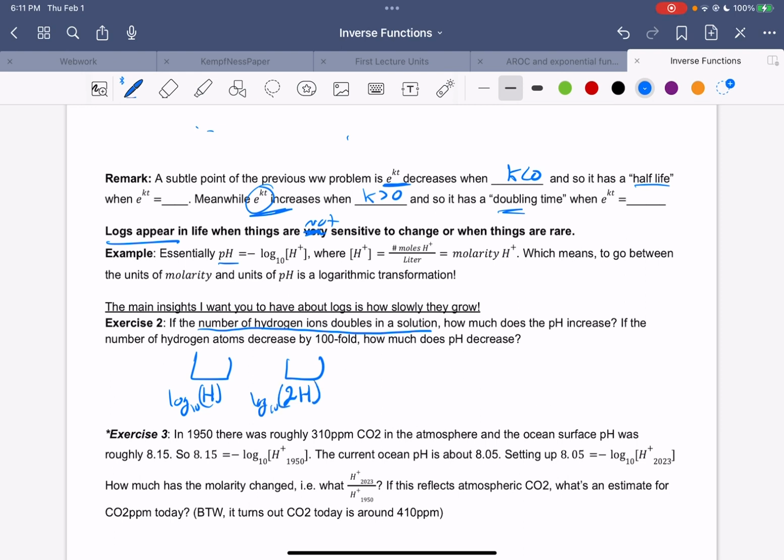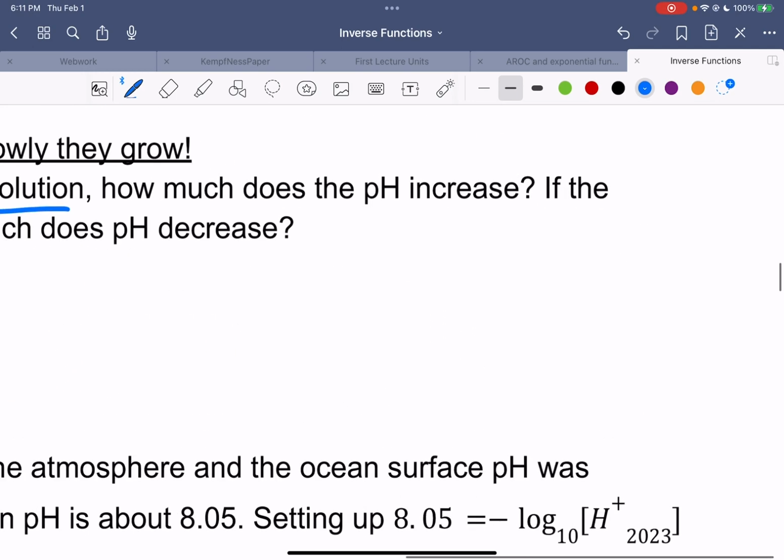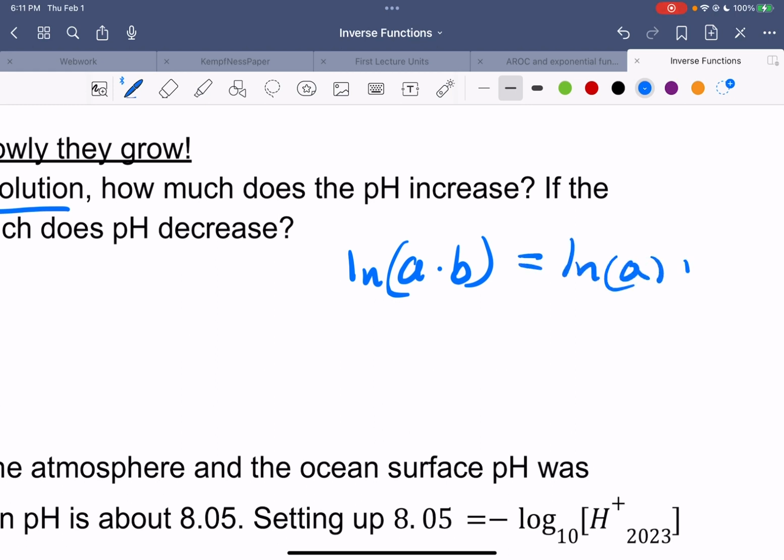This all just comes down to rules of logarithms, which you're sort of expected to know. There's a link to Paul's Online Math Notes and Lamar web work. There are so many rules you can learn, and it just becomes cumbersome. But the log of a product is the same as adding the individual logs.